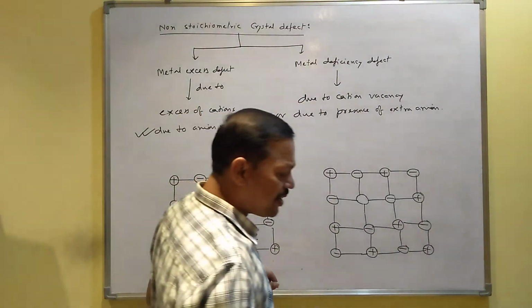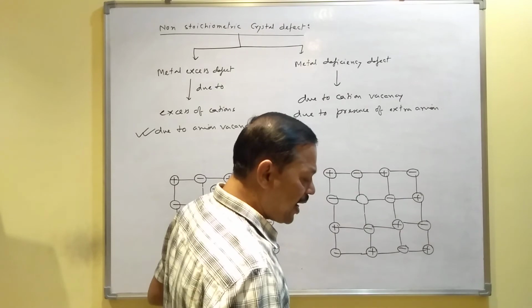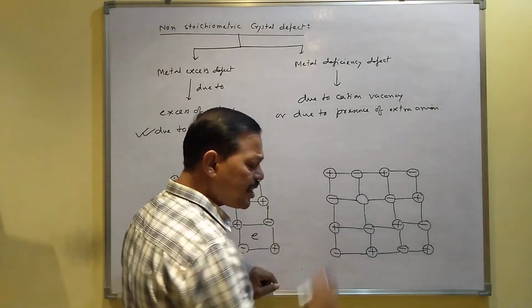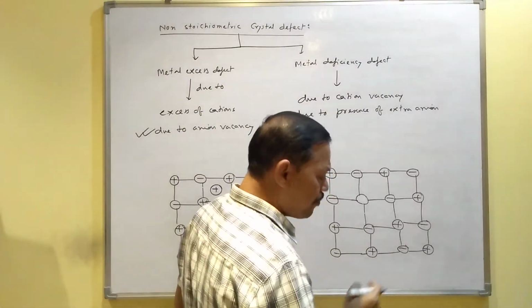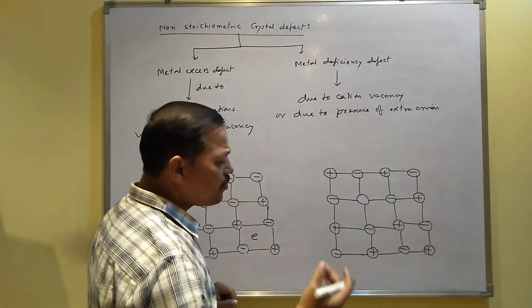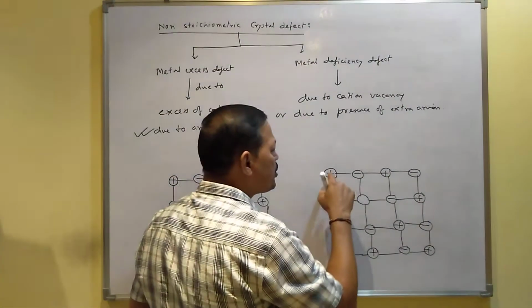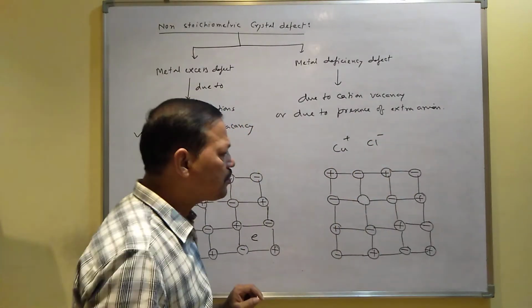Now in cation vacancy, some positive ions will be missing from the normal lattice site and the extra negative charge is balanced by some neighboring cation. Suppose these are copper 1 plus and these are Cl minus.